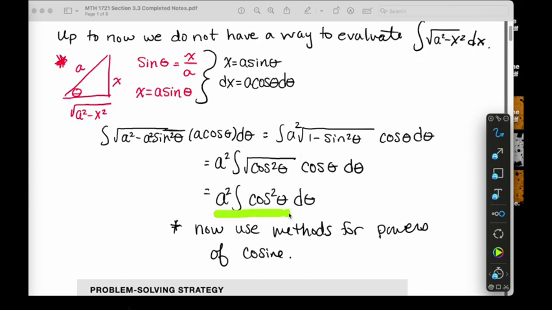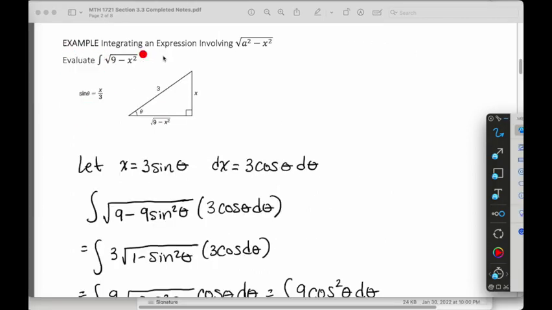We can rewrite it like this. So I have a squared times the integral of cosine squared d theta. And then here we can use our methods that we learned in the previous section on how to integrate powers of cosine.